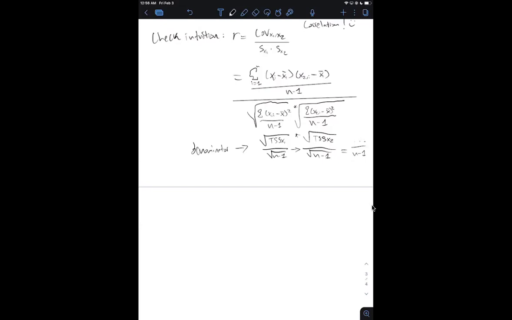So now those n minus 1s will cancel. Let's use our standard cancellation notation from above. So just like this and like this. And then we just have basically the top of the covariance divided by the top of the standard deviation.